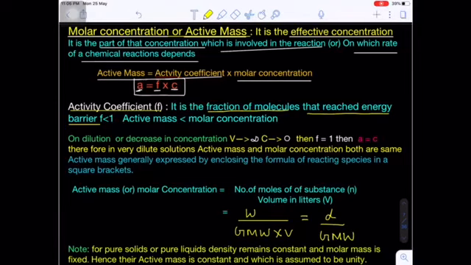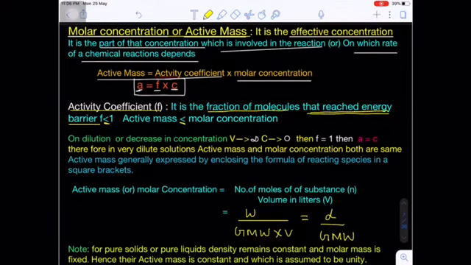The fraction of molecules that reach the energy barrier will obviously be less than 1, or sometimes we can say less than or equal to 1. If the activity coefficient is less than or equal to 1, then active mass will be less than or equal to molar concentration.